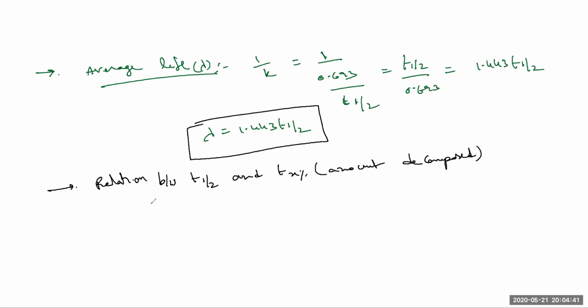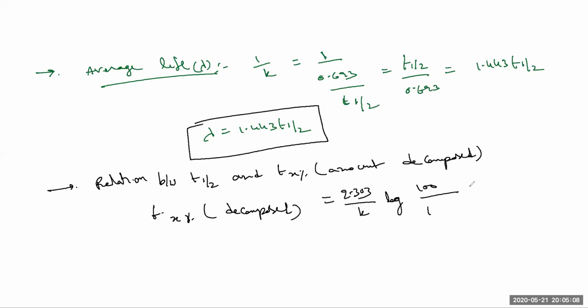T X percentage decomposed is equal to 2.303 by K into log of 100 divided by 100 minus X. Say equation 1.